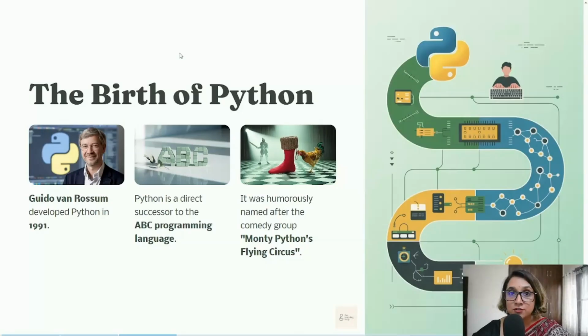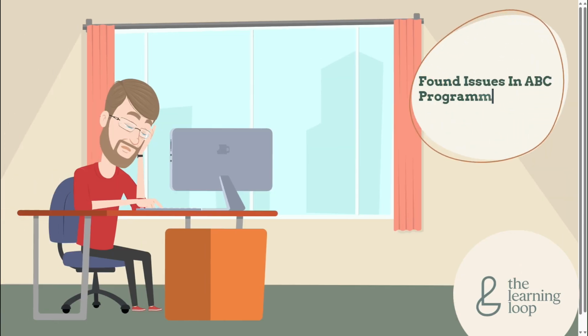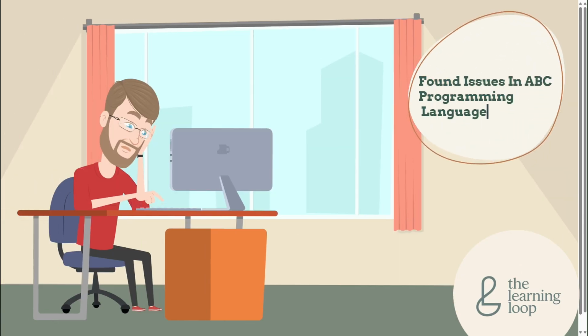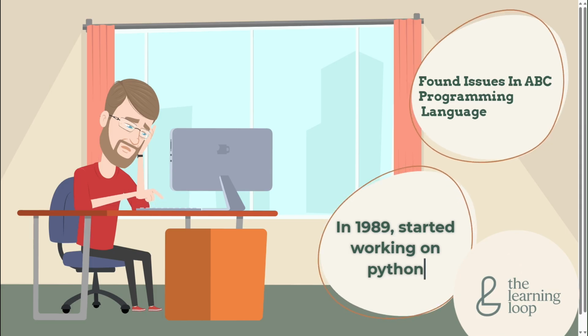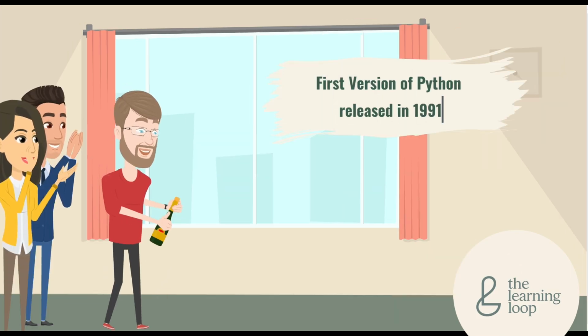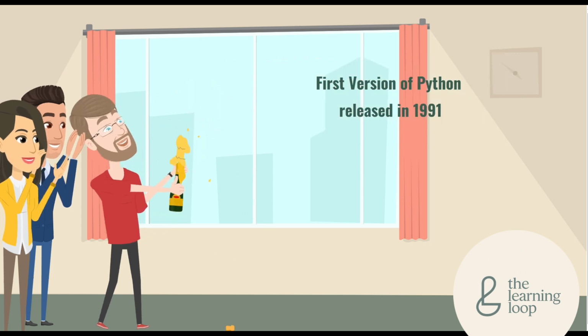So Guido van Rossum started working on Python in 1989, and in the mid 1980s he was working on the ABC programming language, and he found some issues in it, and in 1989 he decided to start the development of his own language, that's Python. And in 1991, he released the first version of his language, Python.